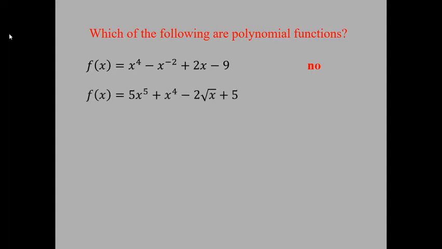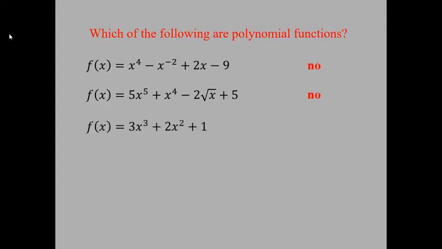What about f of x equals 5x to the fifth plus x to the fourth minus 2 times the square root of x plus 5? Is this a polynomial function? No, this is not a polynomial function because we have a square root of x, which is a fractional power.